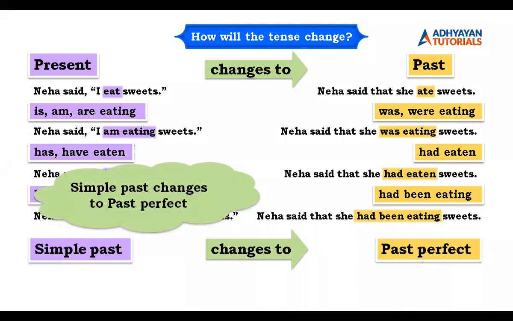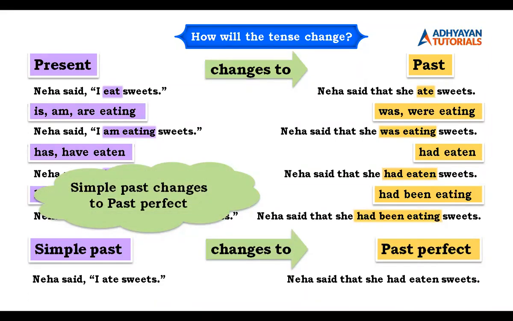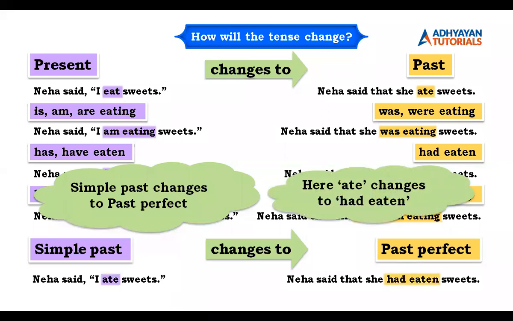If it is already in the past tense, we will make it past perfect. For example, Neha said, I ate sweets. The first thing I will look at is the outside verb, that is said. Said is in the past tense, so the inside tense will change. Ate is already in the past tense. Present we make past, but if it is already past, then we make it past perfect. So ate becomes had eaten, I becomes she, the inverted commas go out, and the comma becomes that. So your answer becomes: Neha said that she had eaten sweets.